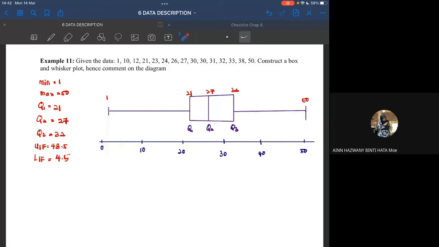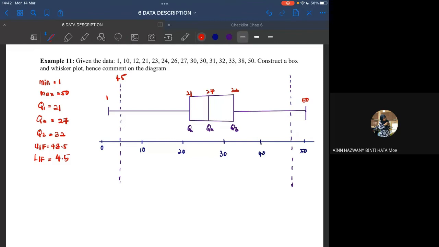So 5 dekat sini, so 4.5 tu sebenarnya dekat sini. This is your lower inner fence, 4.5. Okay, upper inner fence 48.5. So this is 50, so this is 48.5. This is our upper inner fence, 48.5.